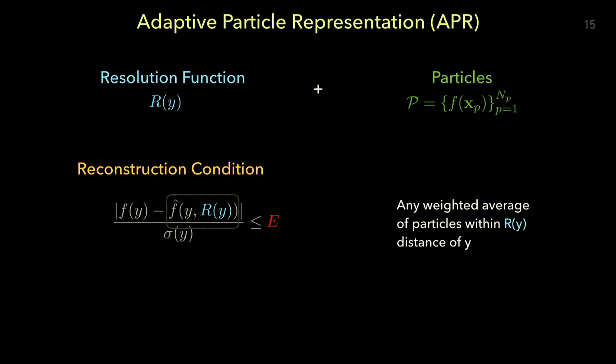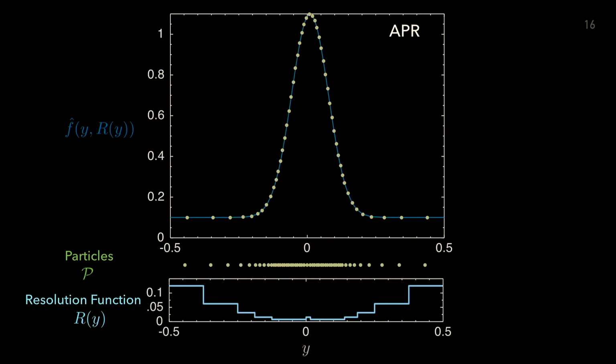So r of y says how big a resolution or spatial neighborhood we can use, and this is basically a weighted sum over particles. Here, looking at a simple Gaussian, you can see our adaptively sampled set of particles and the associated resolution function that goes with it.